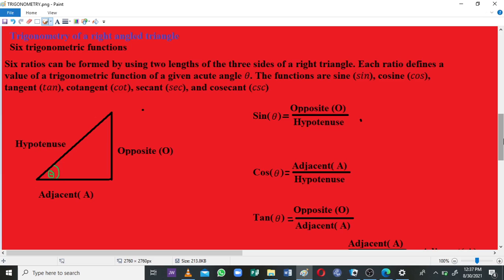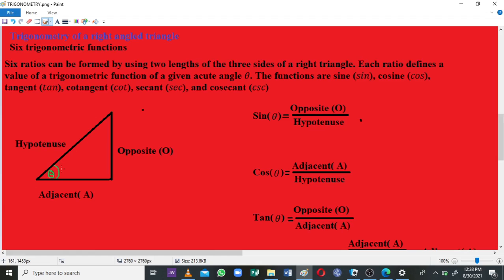There are 6 ratios that can be formed by using the lengths of 2 of the 3 sides of a right triangle. Each ratio defines a value of a trigonometric function for a given acute angle. When you look at this diagram, you can see an acute angle, which you can see in green color.